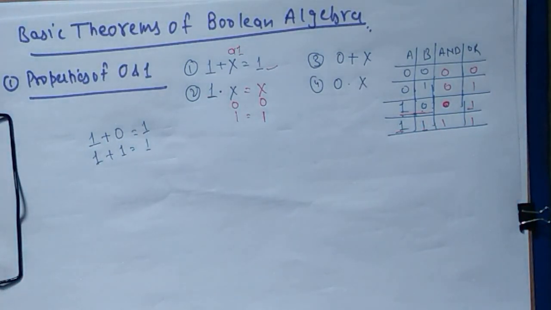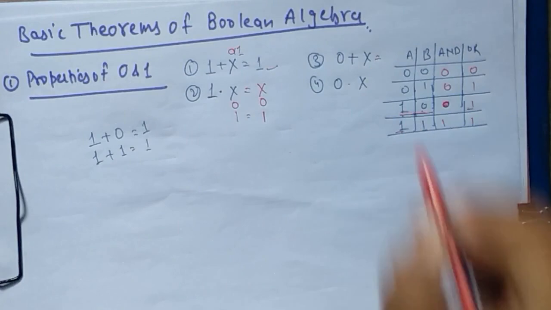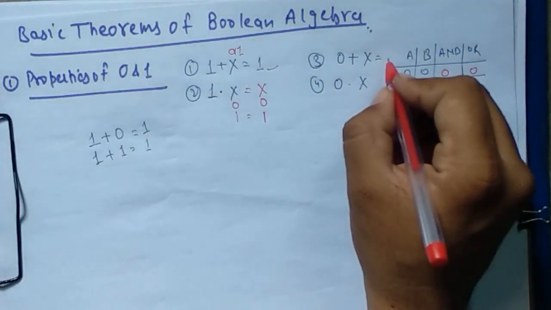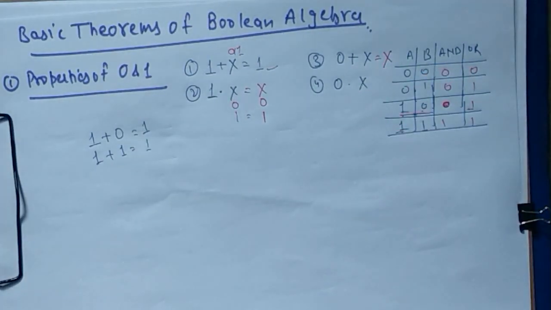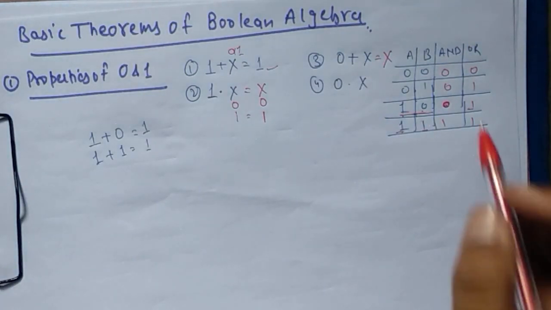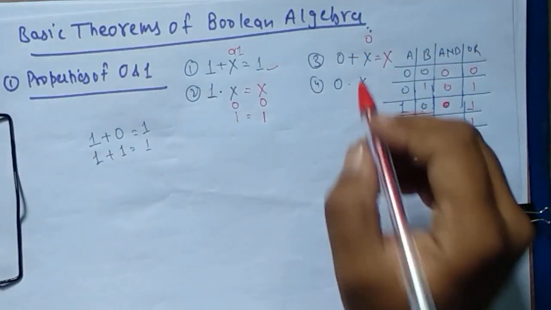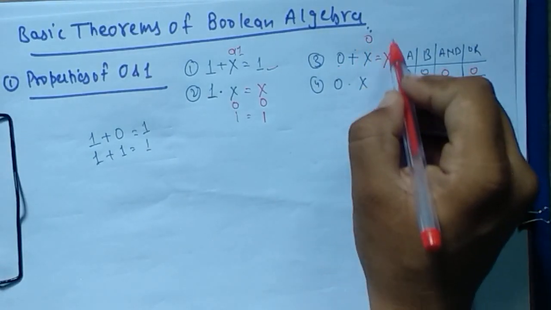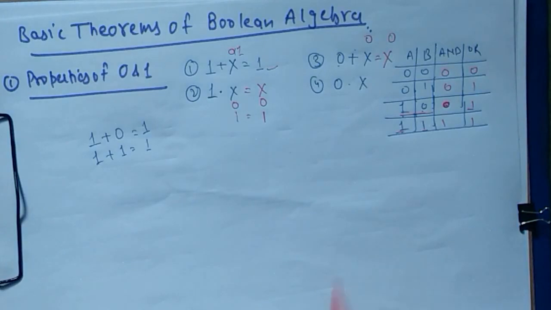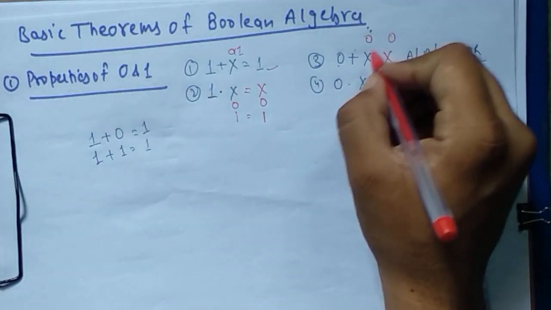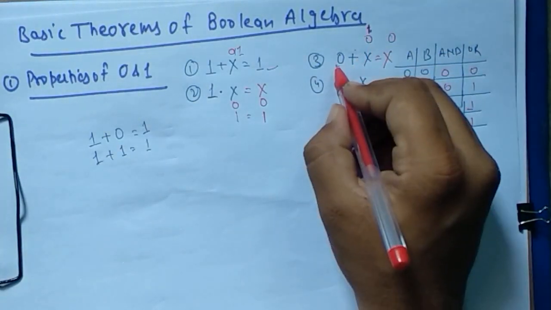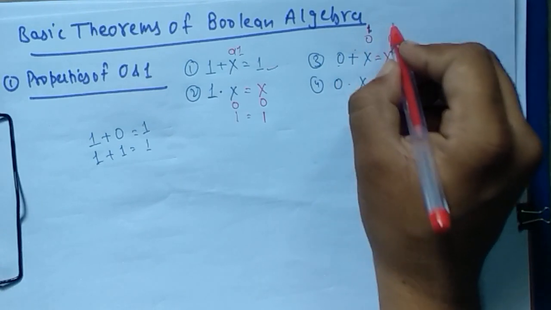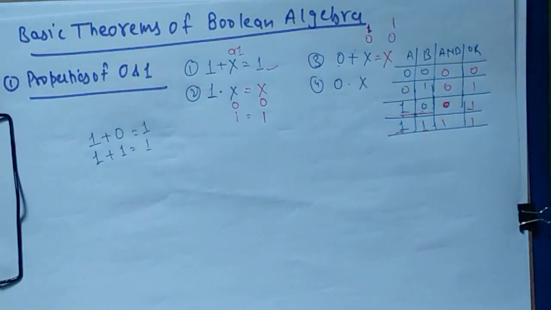In a similar way, if the first input is 0 in the OR case, then the result will be x. How is it possible? x can be 0, so 0 or 0 will be 0, and if x is 1, then 0 or 1 will be 1.